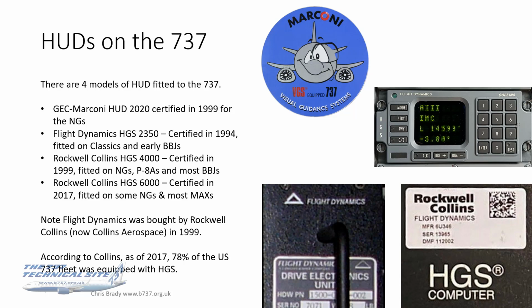That's been retrofitted onto some NGs, but really that was designed with the Max in mind. As I said, Flight Dynamics was bought by Rockwell Collins, now Collins Aerospace, in 1999, hence the name change. But Flight Dynamics, Rockwell Collins, Collins Aerospace, it's all the same company. And according to Collins, as of 2017, 78% of the US 737 fleet was equipped with HGS, which is quite an impressive stat.